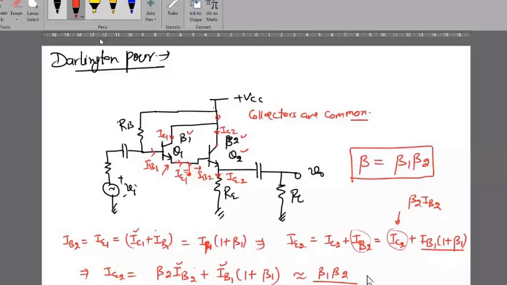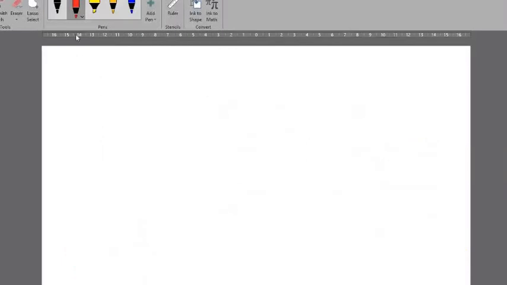And that is fine. Next is the cascade amplifier.